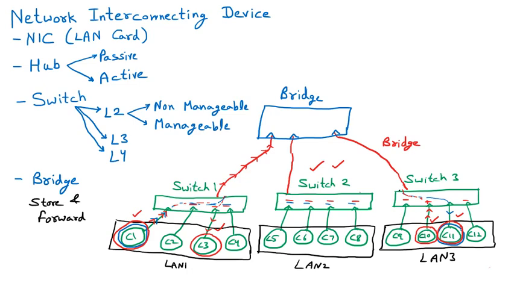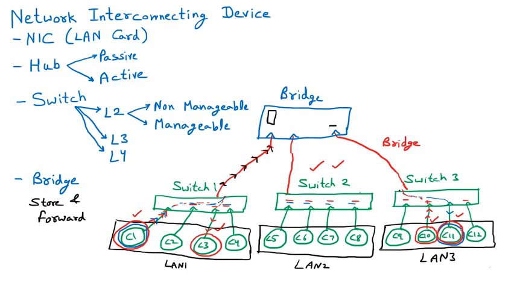So the data which is sent by C1 has now gone to the bridge, and afterward it is going to be stored here. Then it will search where to send it. It will see that switch number 11 is on this particular port.